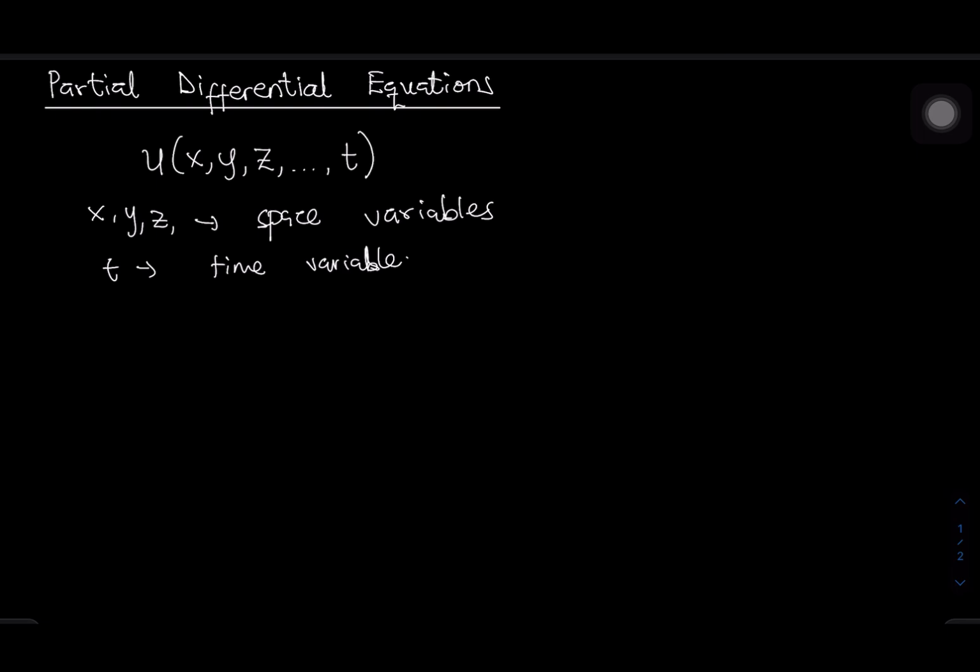You have a quantity u, which depends on some space variables x, y, z, w, whatever you can call them, and then a variable t, which is the time variable.